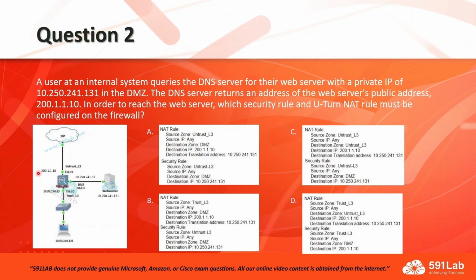So how can we reach the web server from the client using the untrust L3 IP? We need to configure some NAT rules and security rules. To understand more how to configure this on the Palo Alto firewall, I will show you in the lab, so let's go to the lab.